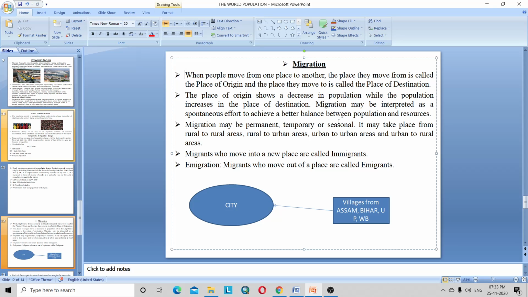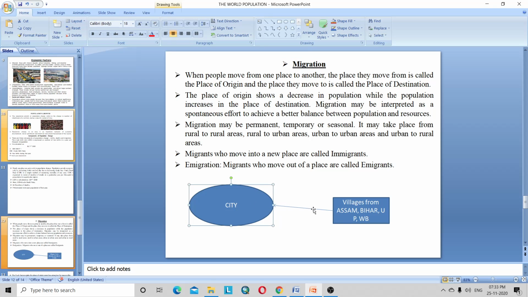People who move from small villages, for example Assam, Bihar, UP, and West Bengal, that is the place of origin, and where they migrate to is their destination.